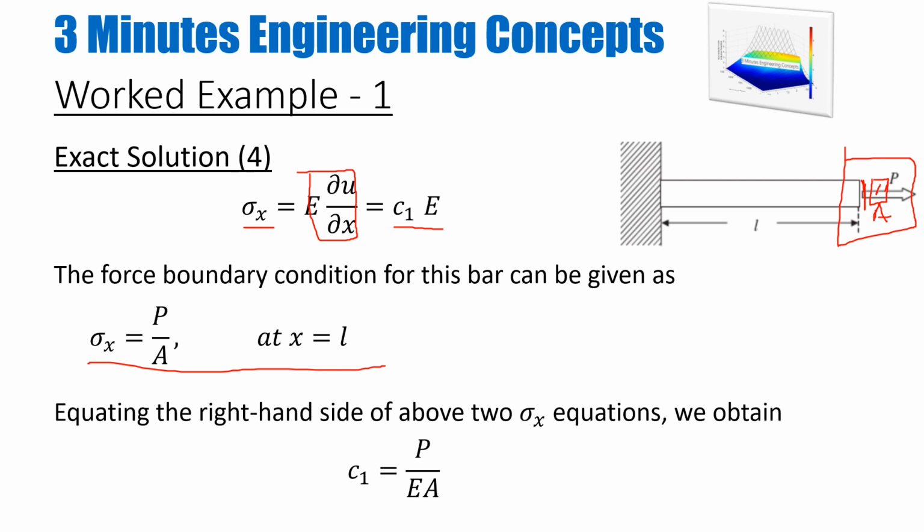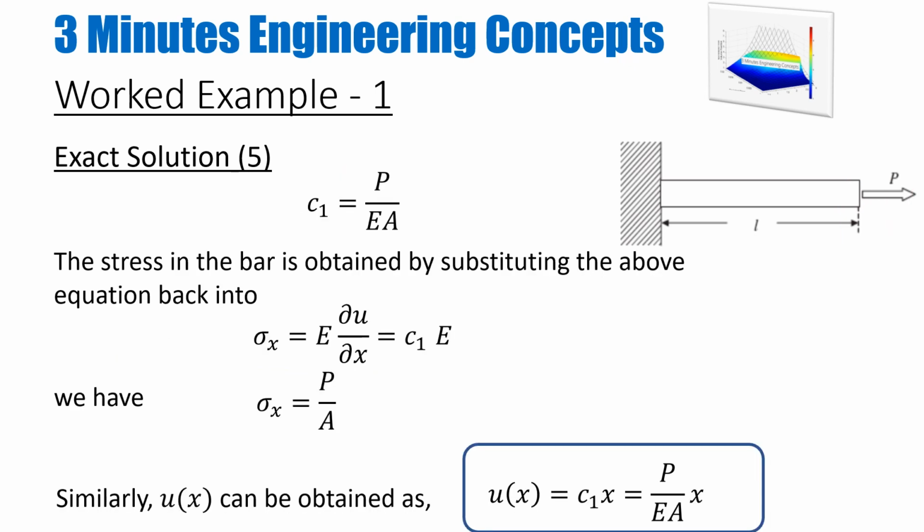Then I equate this equation with this equation, and I get the value for C1, which is P over E A. So now I know the constant, so I know everything in terms of, for example, stresses, strains, or displacements. And this is what is shown here.